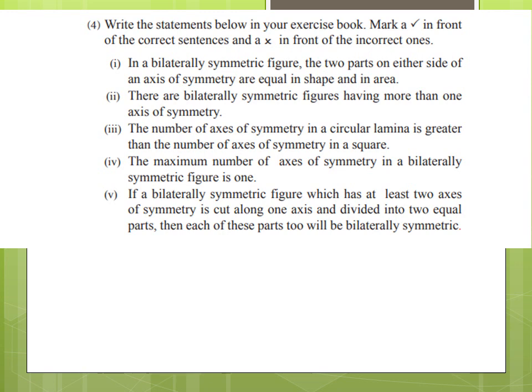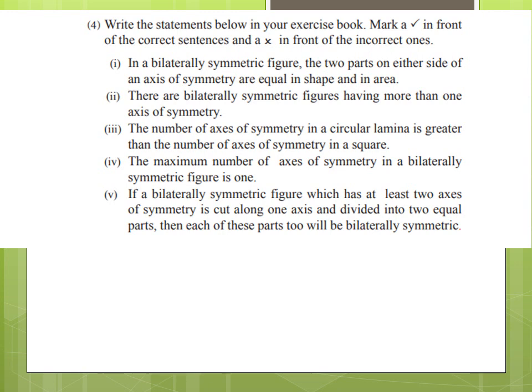The second one: there are bilateral symmetric figures having more than one axis of symmetry. Yeah, it is very easy for you. That is truly correct. And the third one: the number of axes of symmetry in a circular lamina is greater than the number of axes of symmetry in a square. That is also correct. How many axes of symmetry are there in a square?